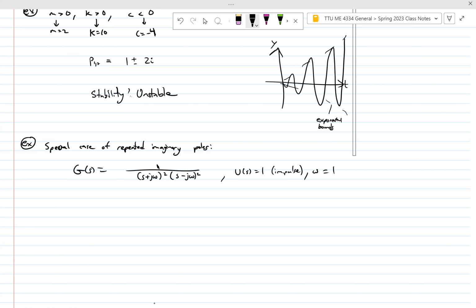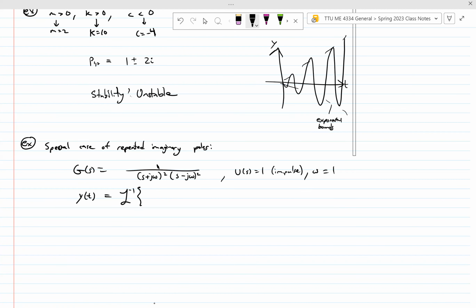And let's say that parameter omega is equal to 1 here, right? Our poles have repeated values on the imaginary axis here. I'm not going to go through the full derivation for it because somebody's done that years ago.